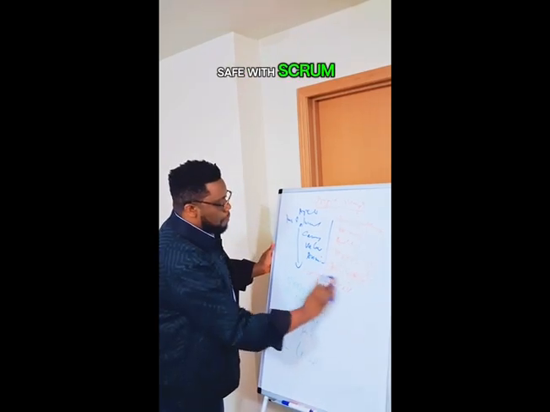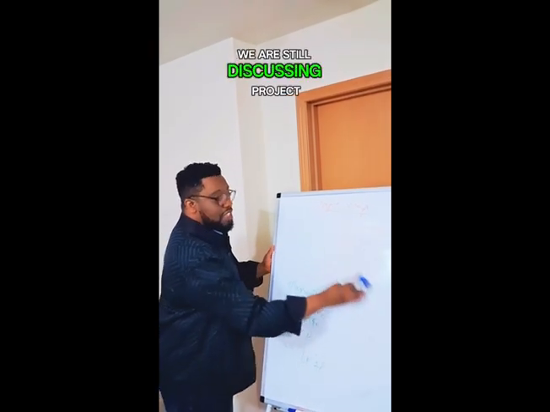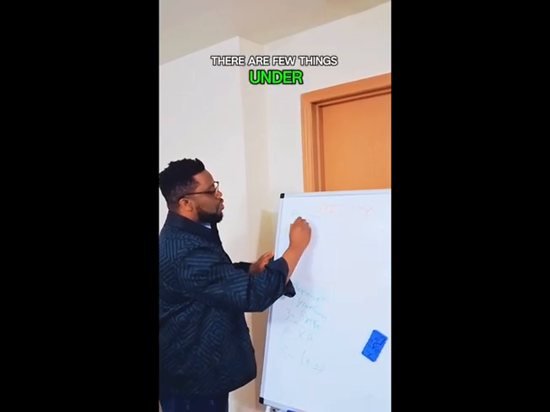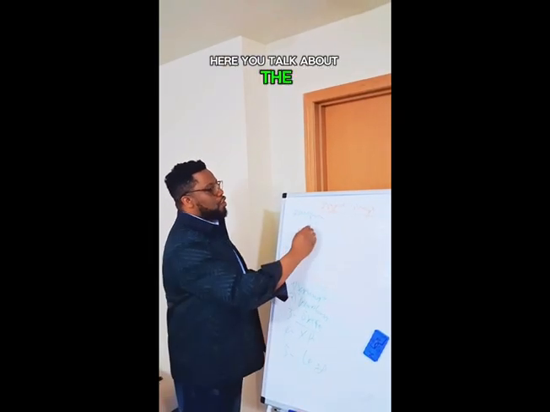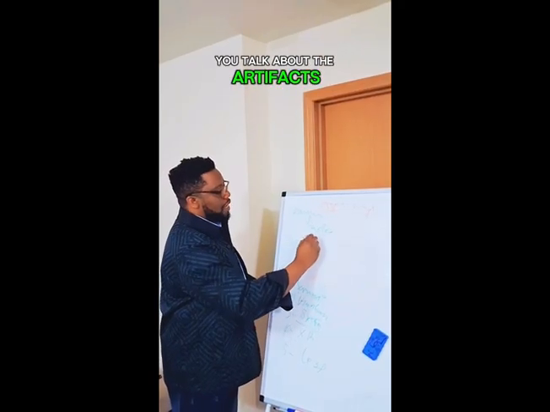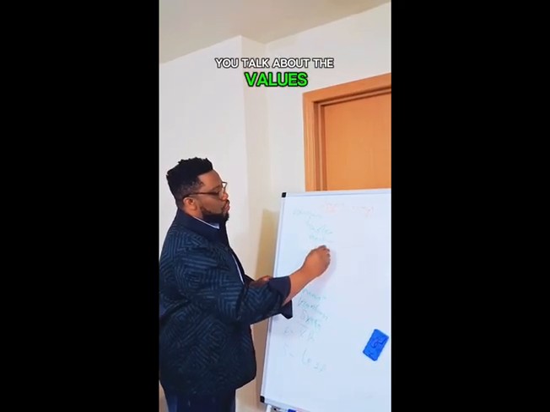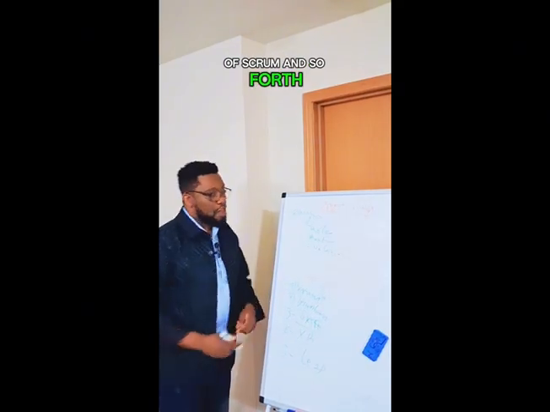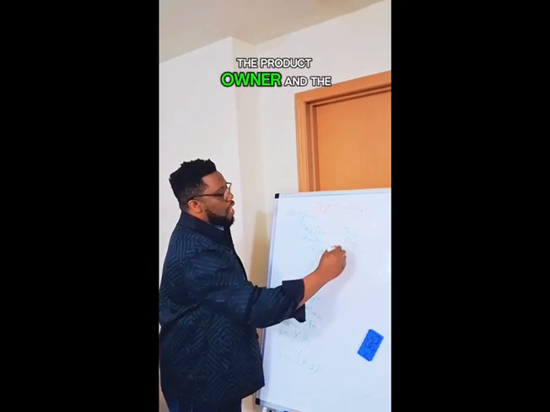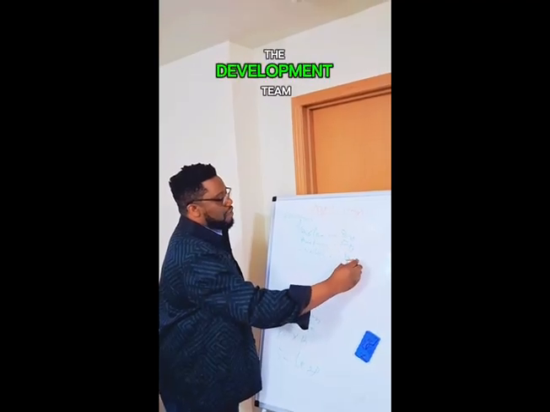With Scrum, let's come back here. We are still discussing project management. With Scrum, there are a few things under here. You talk about the roles of Scrum, the artifacts, the values of Scrum and so forth. Of course, the roles here are the Scrum Master, the product owner, and the dev team, the development team.